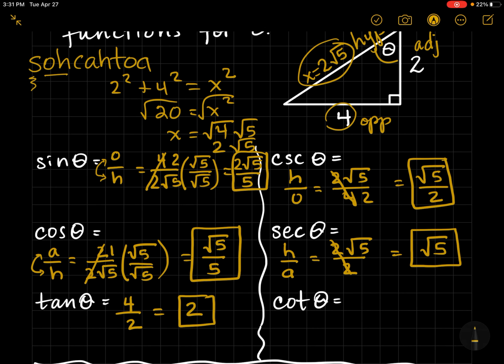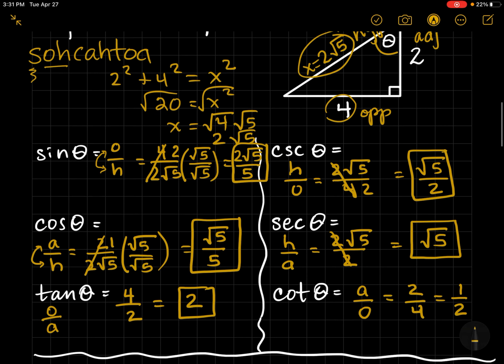Now, for cotangent, the reciprocal of tangent, which is opposite over adjacent, is adjacent over opposite. So the adjacent side is 2, and the opposite side is 4. That reduces to 1/2.